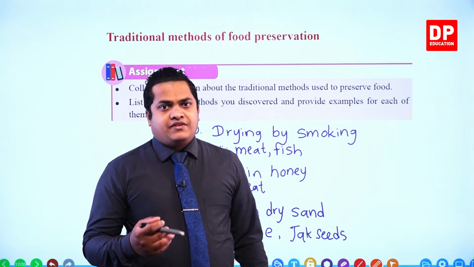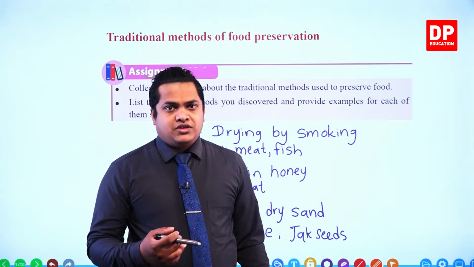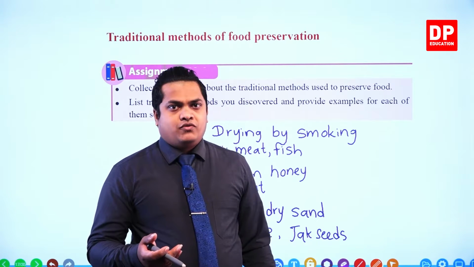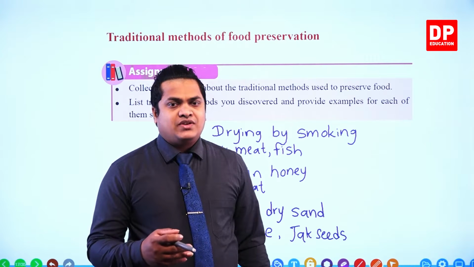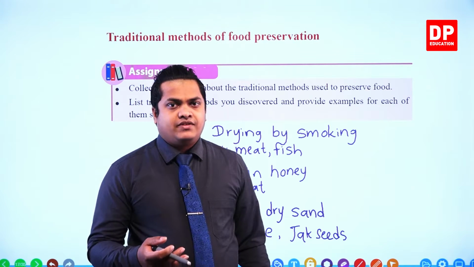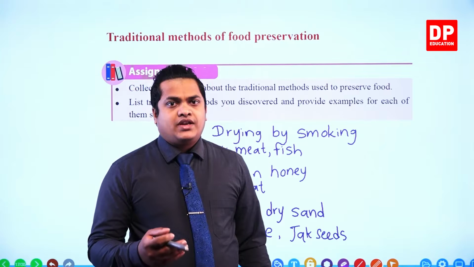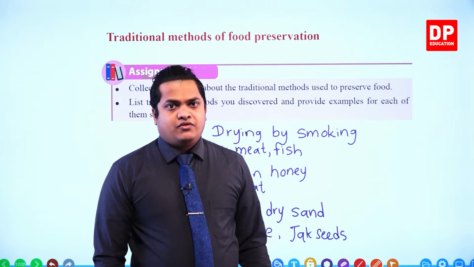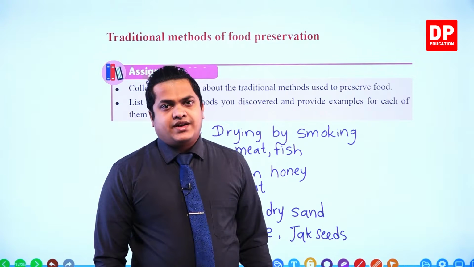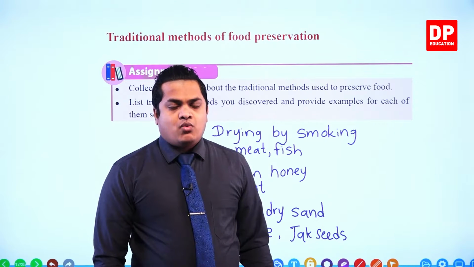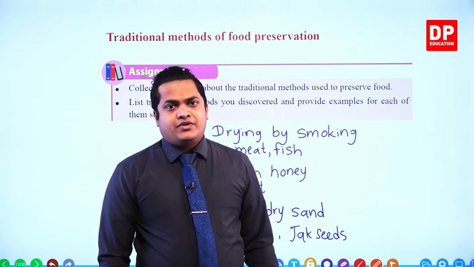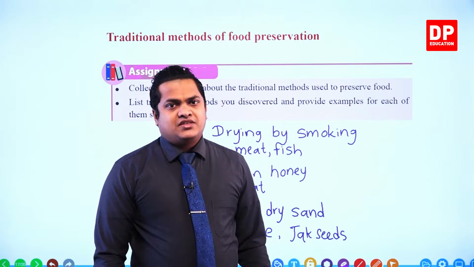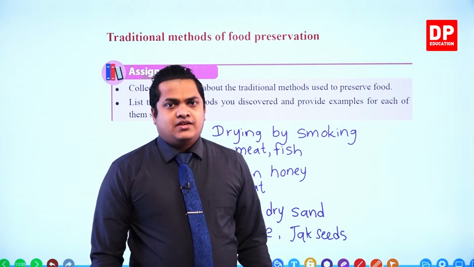By using different kinds of instruments and machines also, we can dry food. However, the main concept is drying, but as we are using new machines, it falls under modern technology. Therefore, it cannot be considered a traditional one. However, the procedure is the same. The procedure is drying. That's why I told you that there are minor changes between the traditional methods and modern methods.